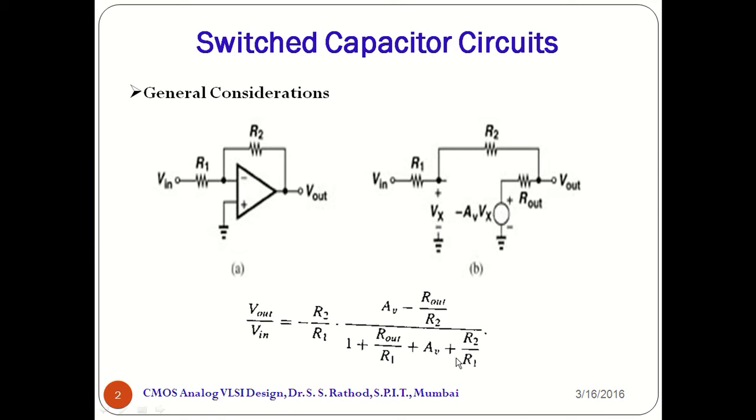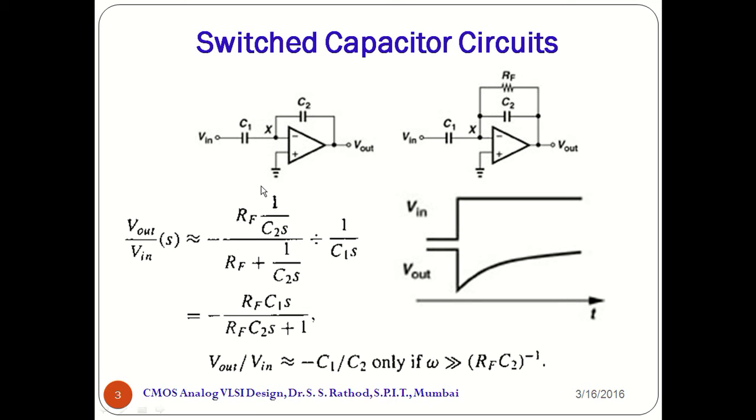Also, the input resistance of this amplifier, that is R1, loads the preceding stage while introducing thermal noise. The closed loop gain is set basically by the ratio of the feedback resistance R2 and the input resistance R1. In order to avoid reducing the open loop gain of the op-amp, we postulate that the resistors can be replaced by capacitors.